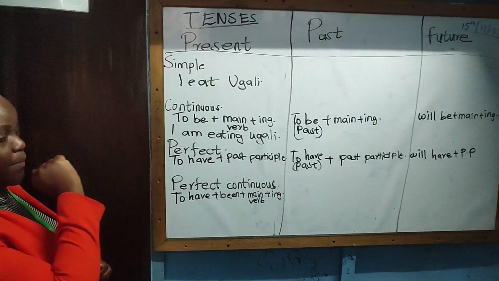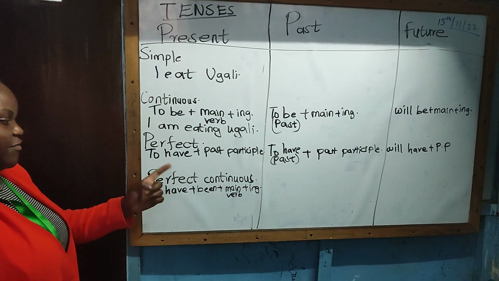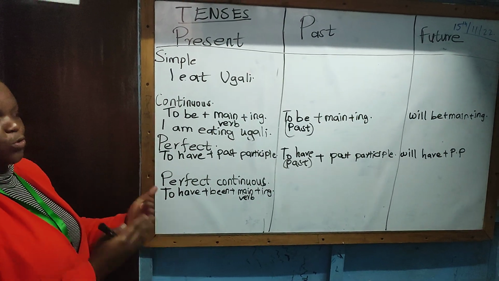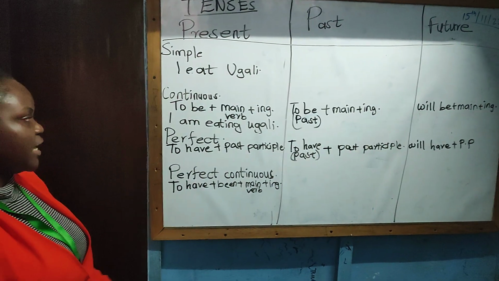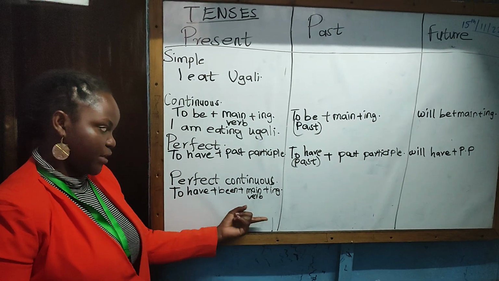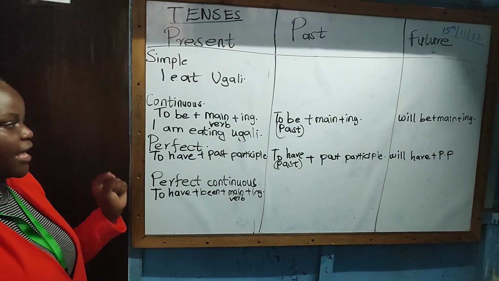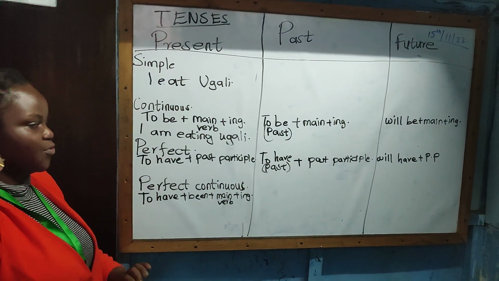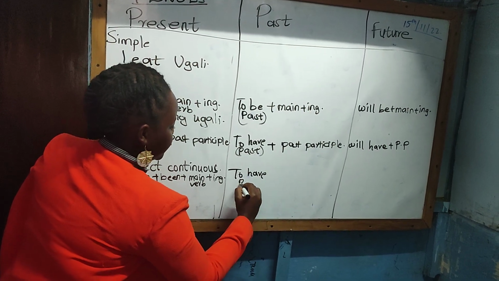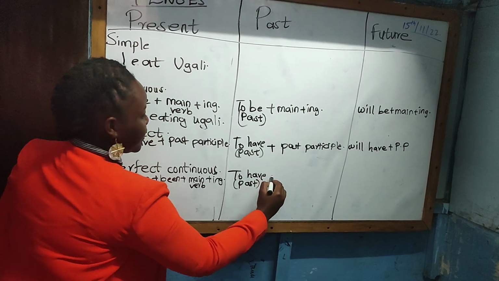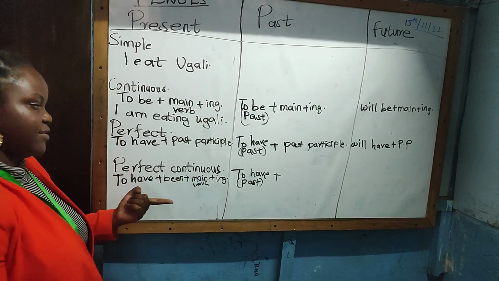Then if we go to the past tense, now instead of having to have, we will use had. So instead of saying I have been eating ugali, we will say I had been eating ugali. So here it will be to have in past tense. Then everything else remains the same.